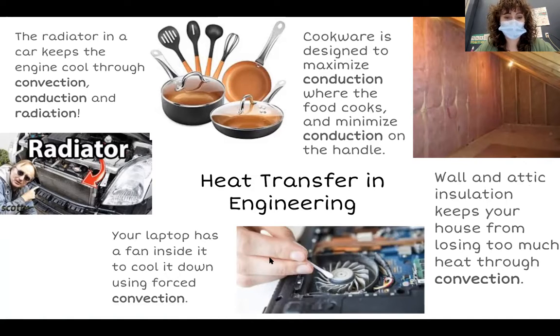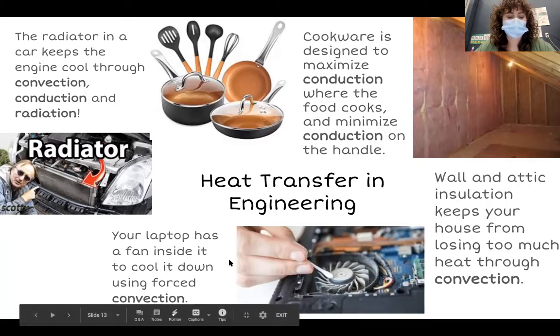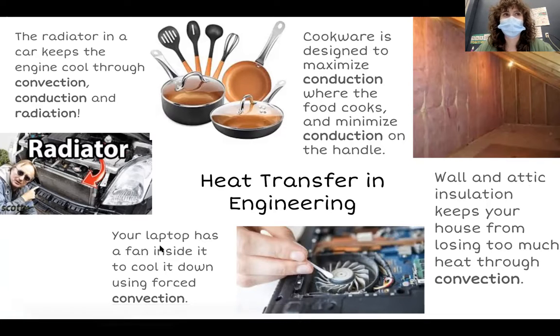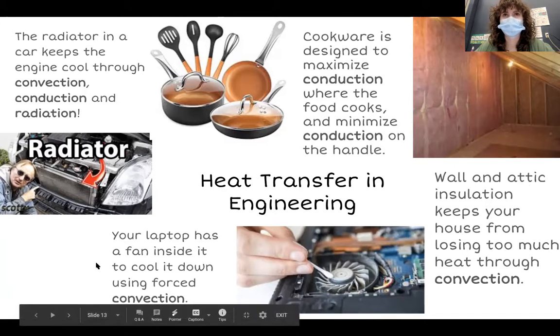And then electronics. So your laptop and pretty much any electronic, it generates heat. Electricity gives off heat. And so it has to stay cool. It has to not overheat. And a lot of times these things they have little fans in them. So your laptop has a little fan inside to cool it down, and that's called forced convection.